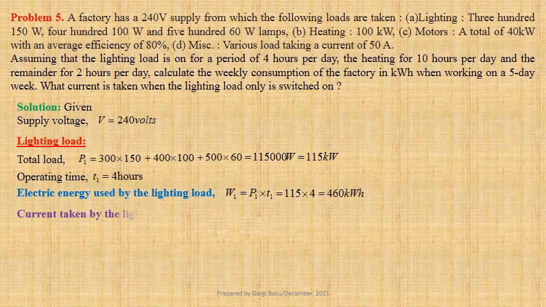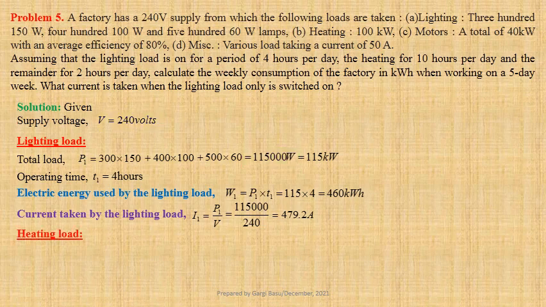Current taken by the lighting load I1 equals P1 divided by V. Using values we get 115,000 divided by 240, that is equal to 479.2 ampere.